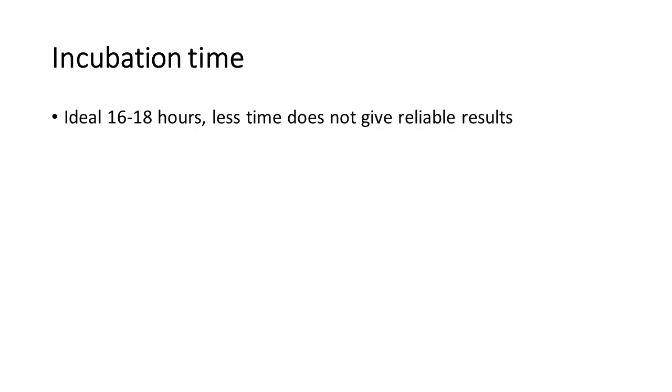Then incubation time. Normally we have to incubate for 16 to 18 hours. If it is less time, sometimes the zone of inhibition may be low. Here the temperature and the time are mostly inversely related.